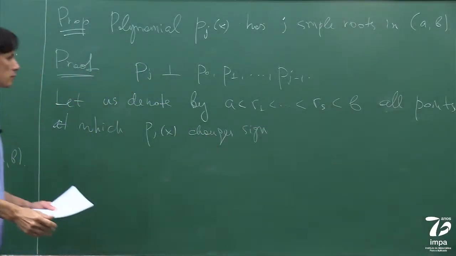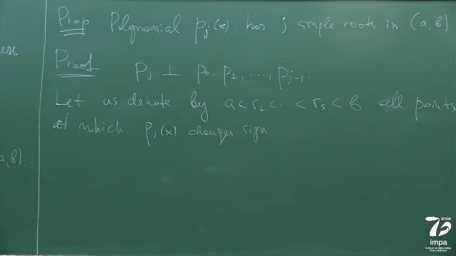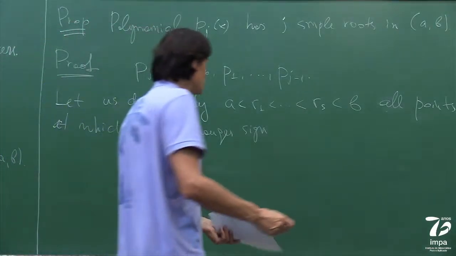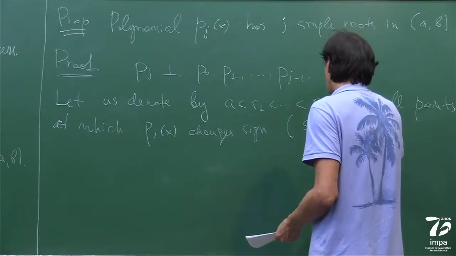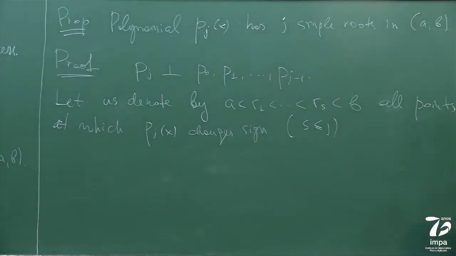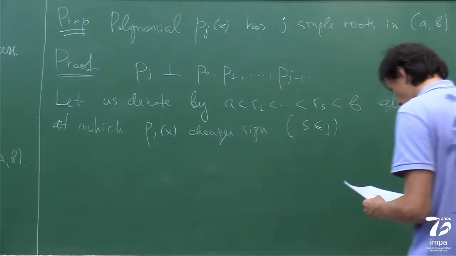It's a function, so it may change sign at a certain number of points. In general, the number S of these points cannot be bigger than j, because of the roots. So what we need to prove is that S equals j.